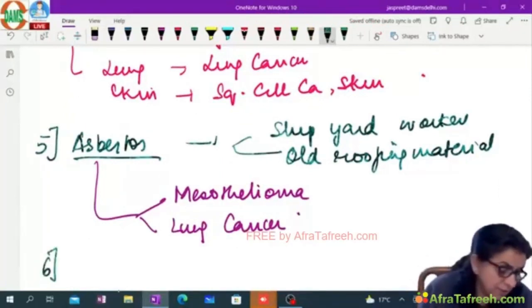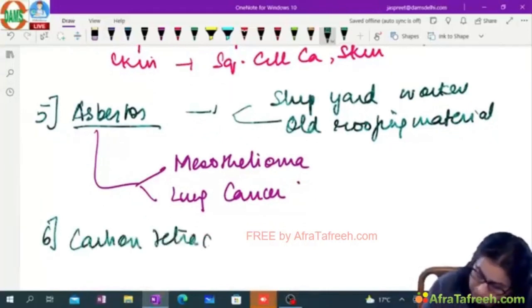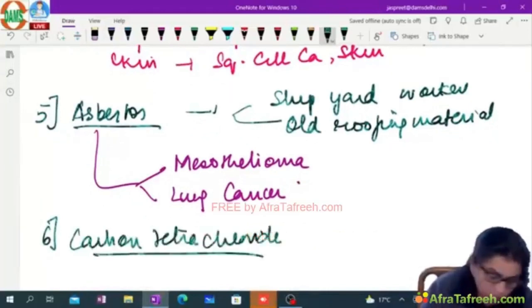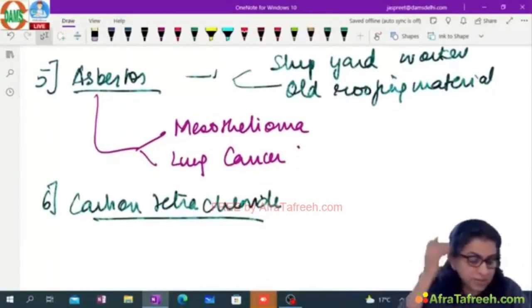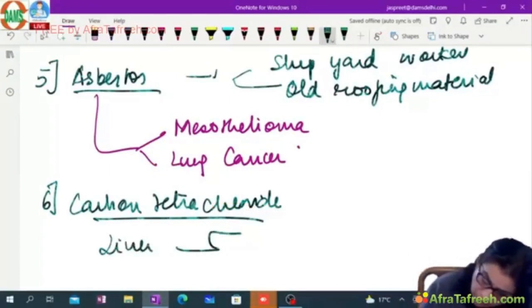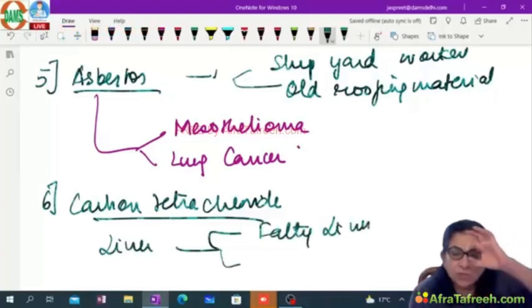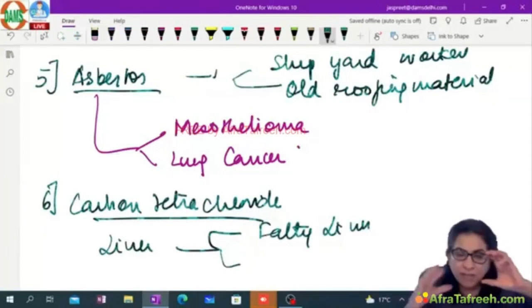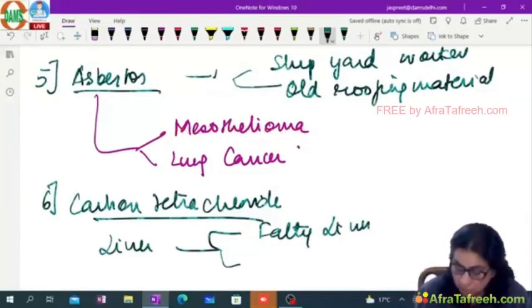Okay, that is asbestos. Then carbon tetrachloride. Now carbon tetrachloride doesn't cause cancer. It can cause CCl4 poisoning. In the liver, carbon tetrachloride can cause fatty liver, and also the hepatocytes around the central vein, which is in the center of the lobule, can undergo necrosis.